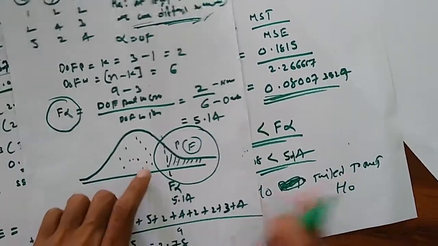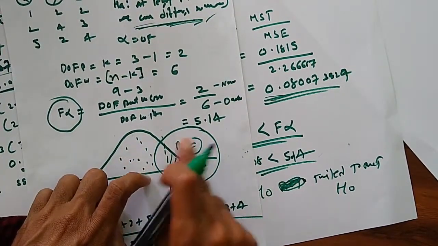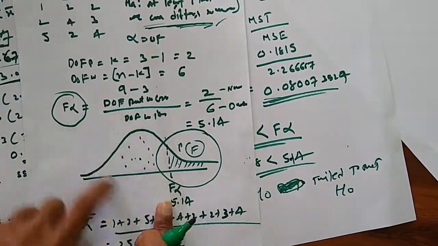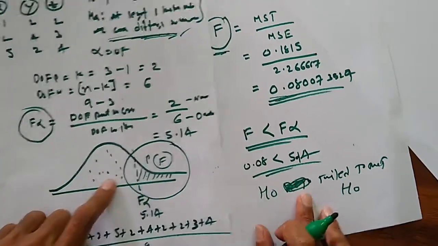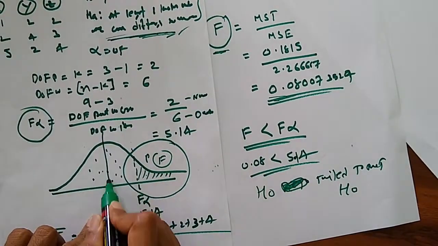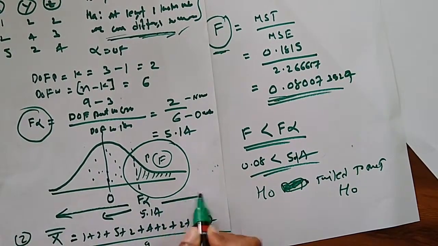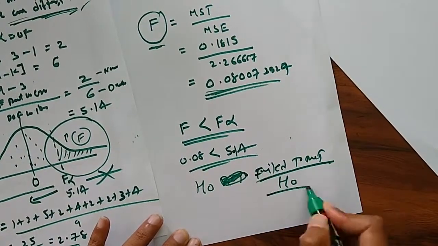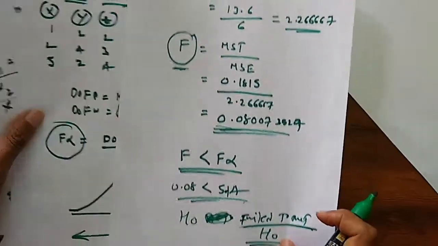That means our F falls under this area, not under this area. If our F value falls under this area, we need to reject. If it falls under this area, we fail to reject our null hypothesis. In our case, F is 0.08, so it is in this area, not in the rejection area. So we fail to reject, which means we are accepting our null hypothesis.